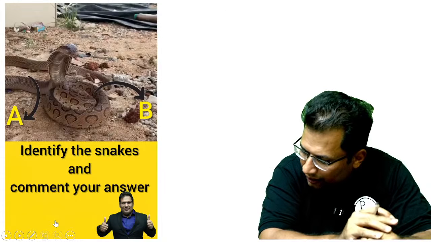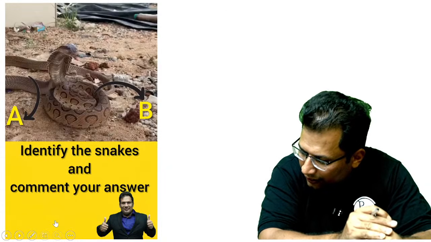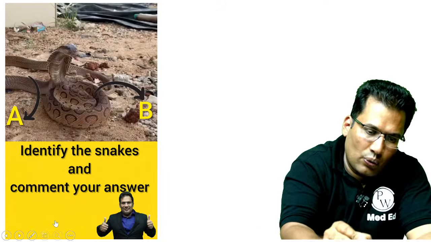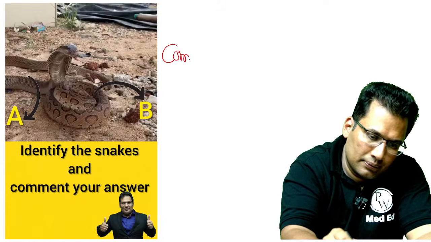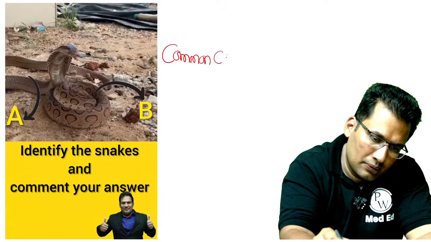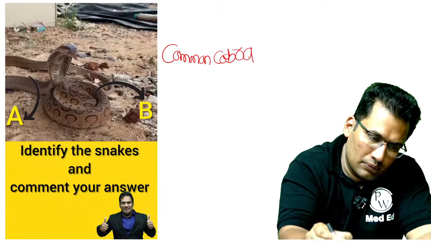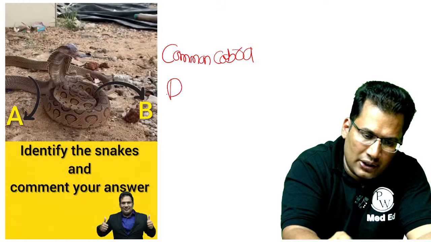Okay, good answer. So one is the common cobra, and one is your Russell's viper.